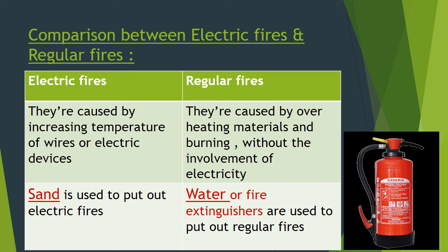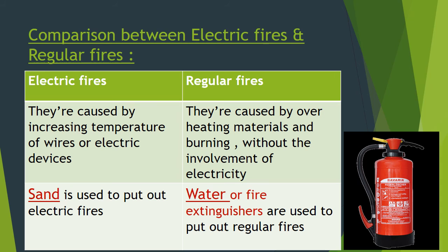But what about regular fires? Regular fires means normal fires, okay? They are caused by overheating materials and burning. Any burning in your daily life, but without the involvement of electricity. It has nothing to do with electricity. So they are caused by overheating and burning of anything without the involvement of electricity.